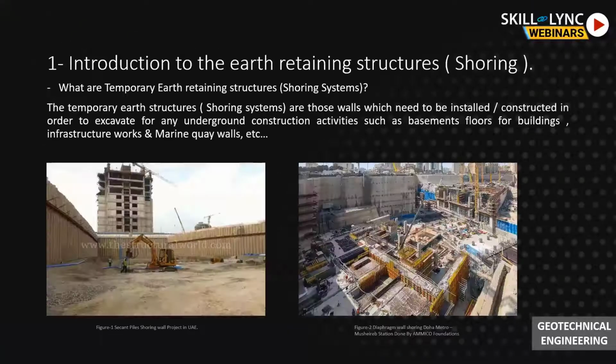So moving on. What are temporary earth retaining structures? If we have a project with 6 basements or 5 basements, or underground excavation for infrastructure, we need to install shoring walls in order to excavate this project or development.